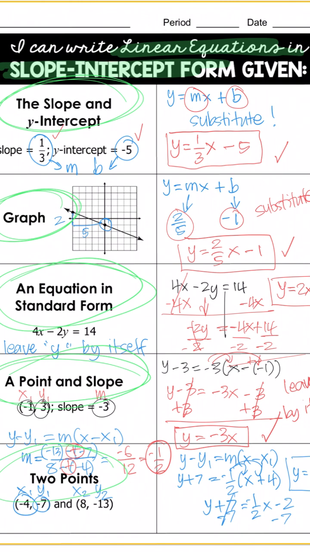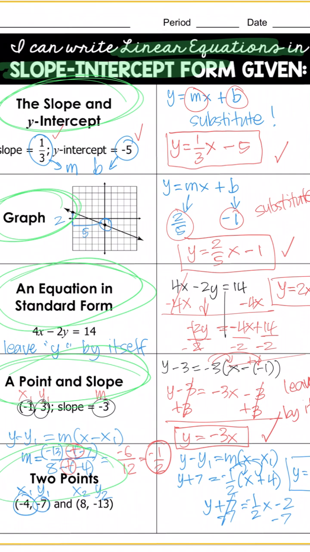So it's just a matter of you practicing writing linear equations from one form to another. So this time it's from point-slope, given a graph, given 2 points, into slope-intercept form, y equals mx plus b. So like I said, practice, practice, practice.